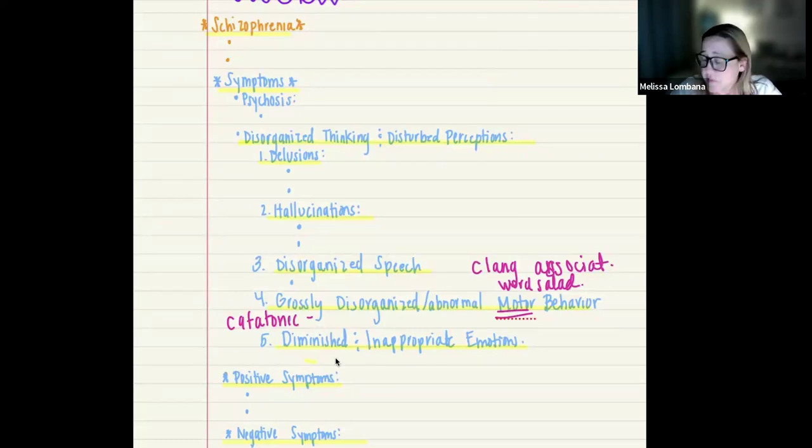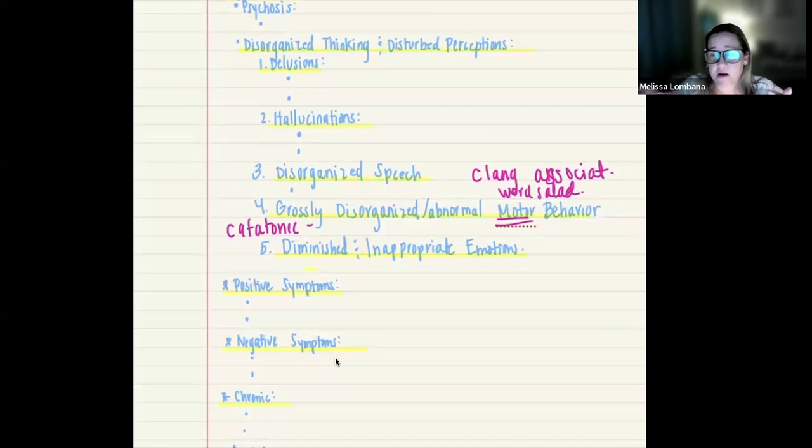Okay. Now, many times in these psychotic disorders, they have what's called positive symptoms, and then they'll have negative symptoms. Okay, and you need to know the difference between them. So, positive symptom is basically marked by a decrease of normal function for the person.